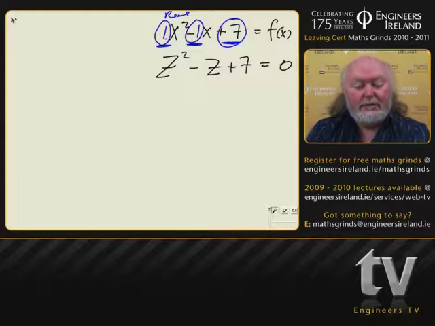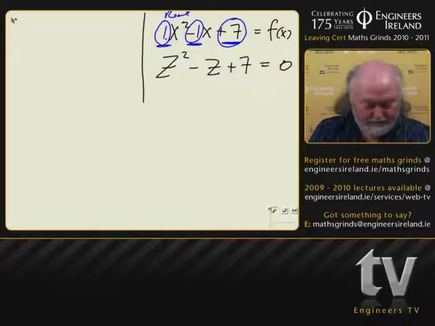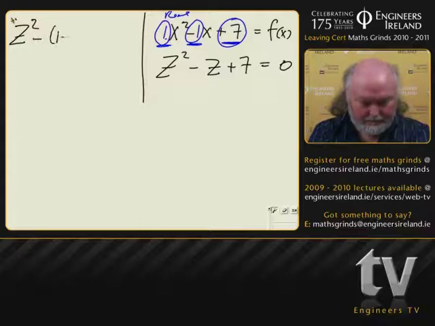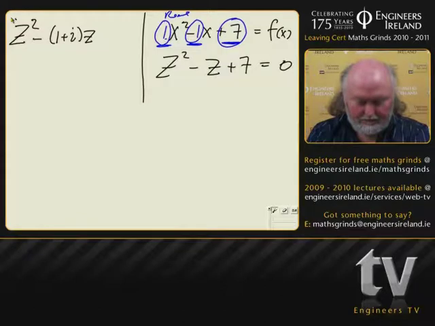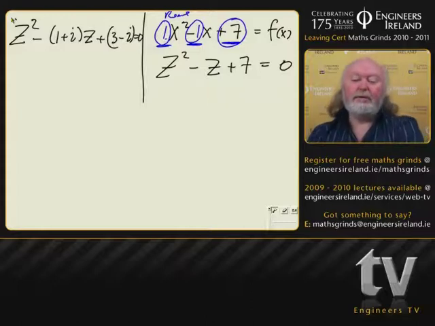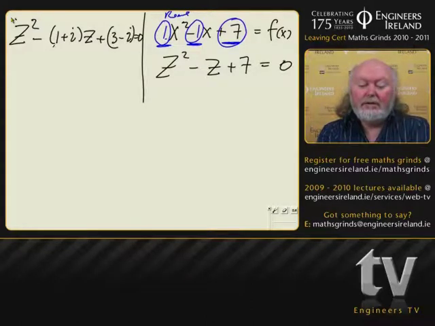Whereas if we had a different type of an equation, such as this, and we want to get the roots of it, what you will notice is that guy isn't real and that guy isn't real.